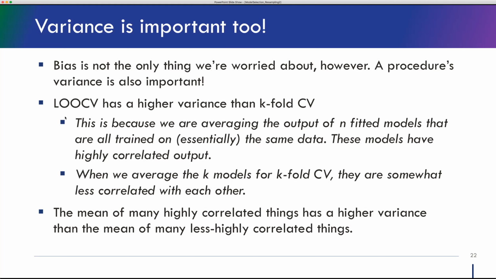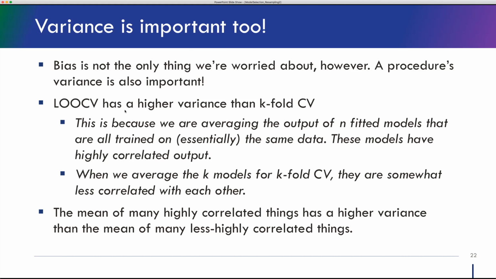In this way, leave one out cross-validation has a higher variance, because the data you use for fitting the model are highly correlated, the effective sample size is smaller, and so the variance is larger.